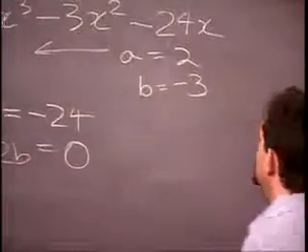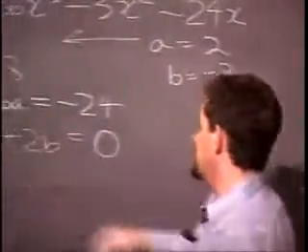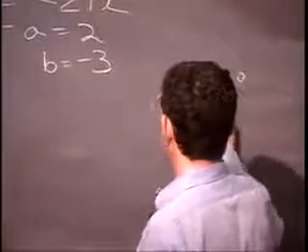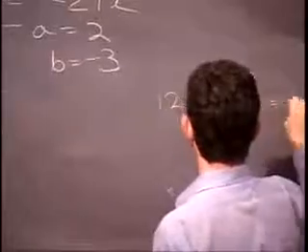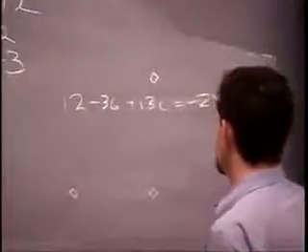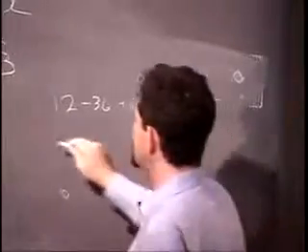Plug this in, and 6a is 12, 12b is minus 36, plus 13c is minus 24. 12 minus 36 is actually negative 24, so I believe c equals 0.